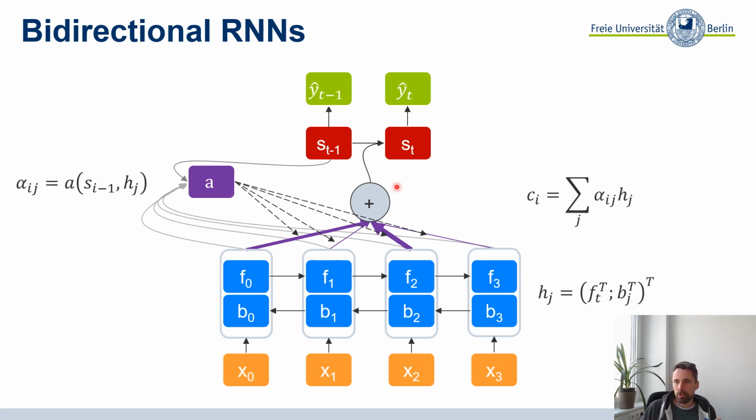So for example, if we are about to generate a word that could be a one-to-one translation, but isn't in the same index in the input sequence, we can attend to previous or later positions in the input sequence and then do this one-to-one mapping.